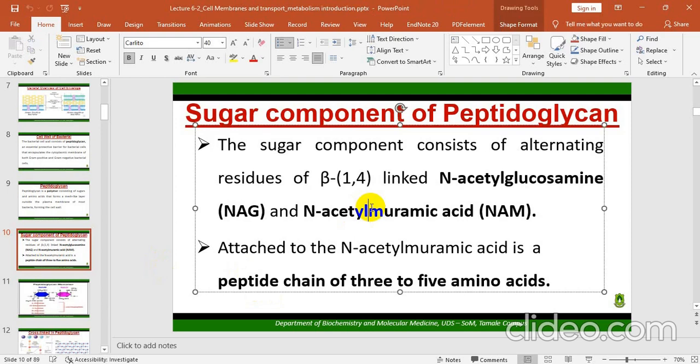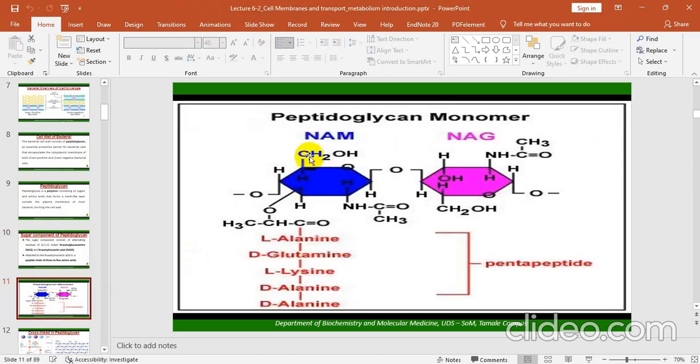And these two sugar units are alternating and they are joined together. The N-acetylmuramic acid has a peptide chain of 3 to 5 amino acids attached to it. So you see, we have N-acetylmuramic acid and N-acetylglucosamine.